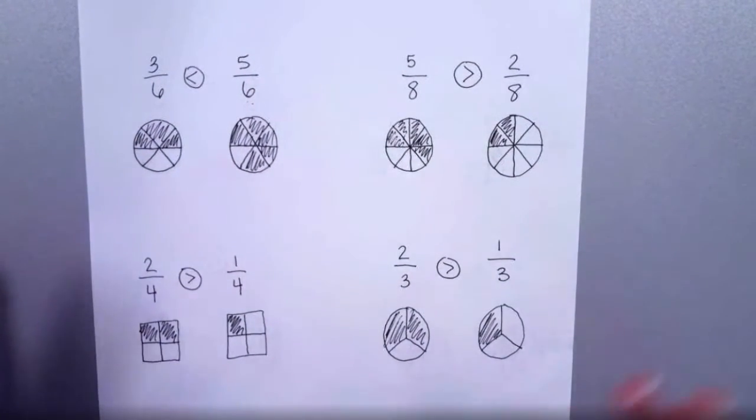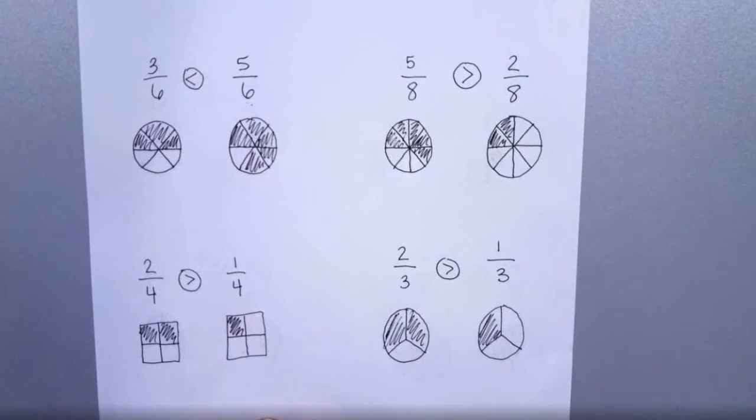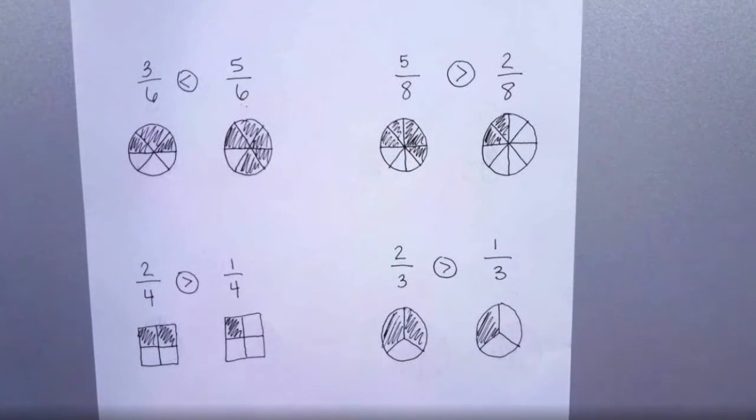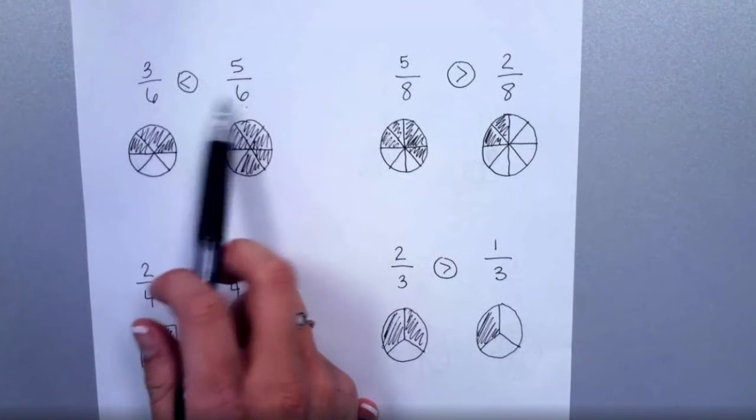So looking at these four, something really cool is that when fractions have the same denominator, and this only works with the same denominator, so your denominator must stay the same, you can actually look at your numerators and know. Some of you may have figured this out yesterday or today. We can see that 6 is our denominator, it's the same.